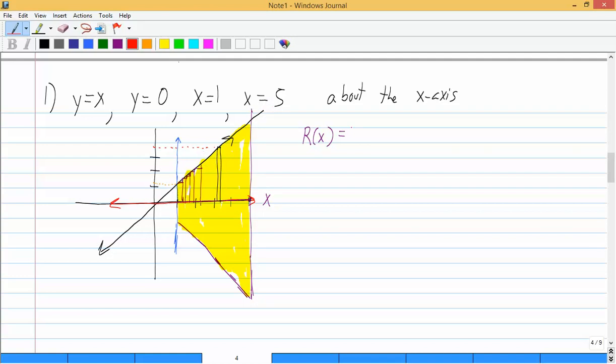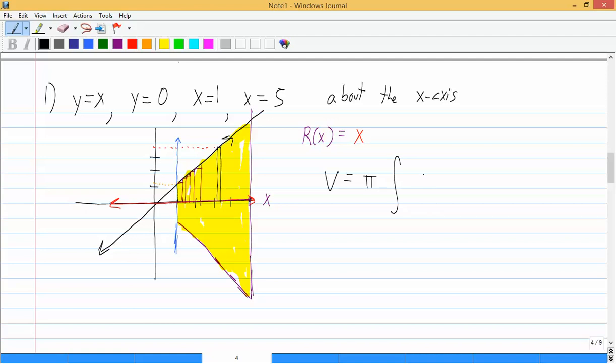All right? So our capital R of x is going to be equal to just x, right? Because this was y equals x. So it's just going to be x. All right, so now let's plug it into the formula. Volume equals pi times the integral.